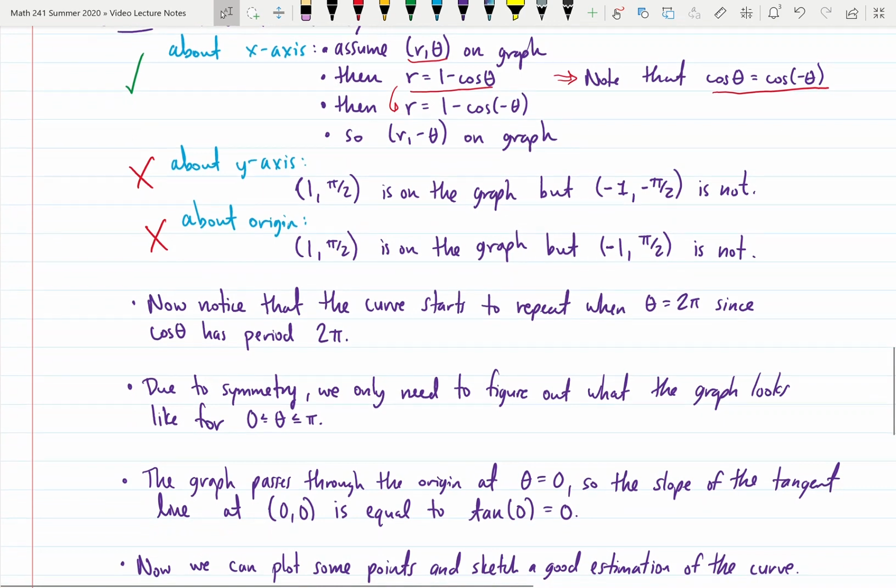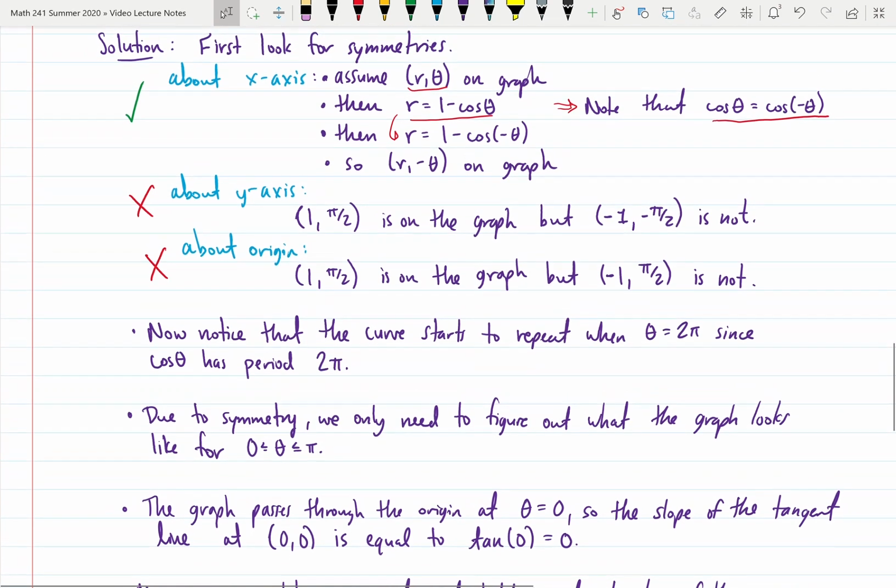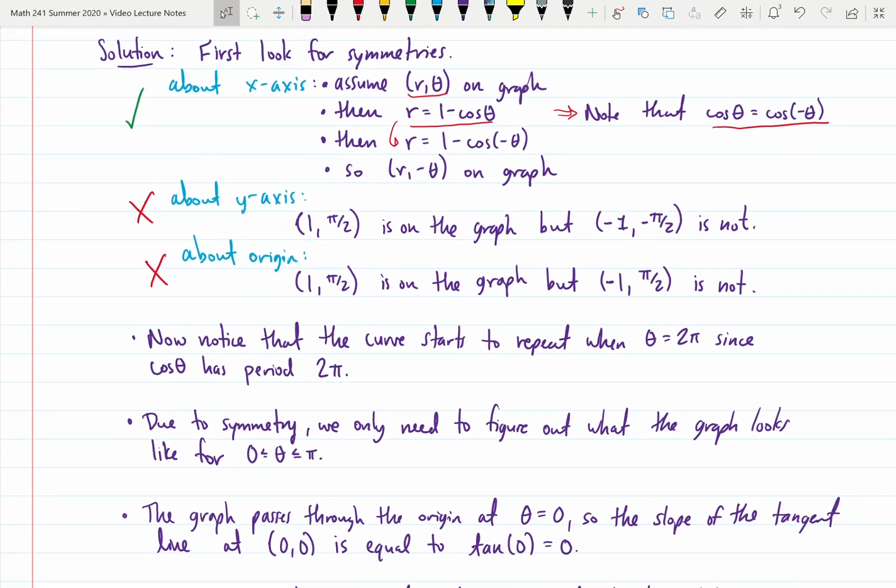So now let's look at the y-axis and the origin. Do we have symmetry about these things? In both cases, the answer ends up being no, and to prove it, you can just pick a point such that the condition for symmetry is not met. So for the y-axis, we can pick the point 1 pi over 2, and that point is on the graph.